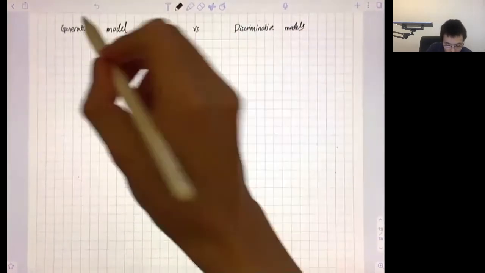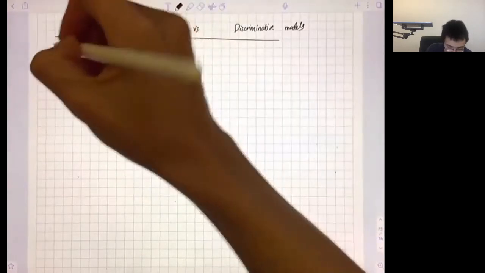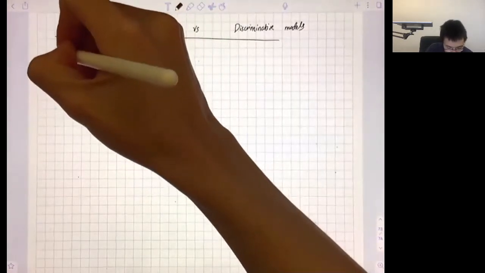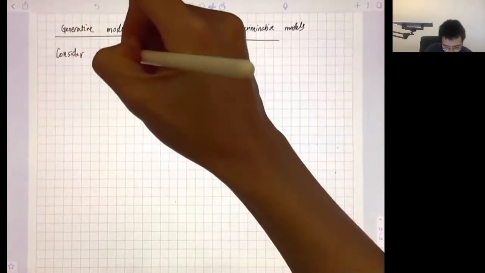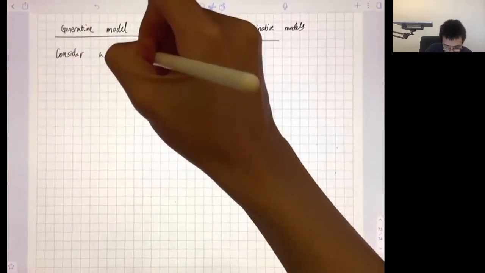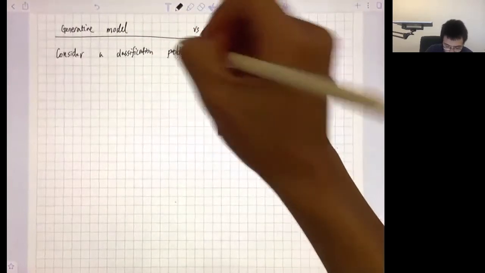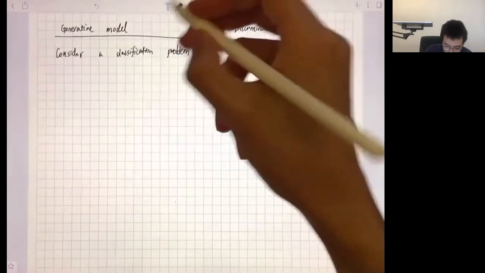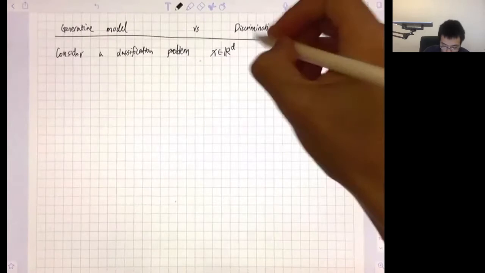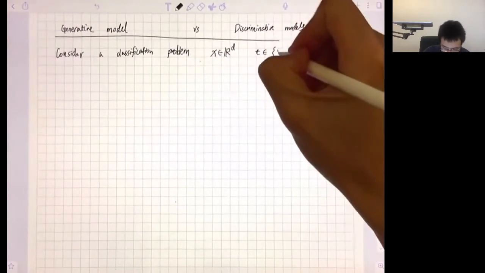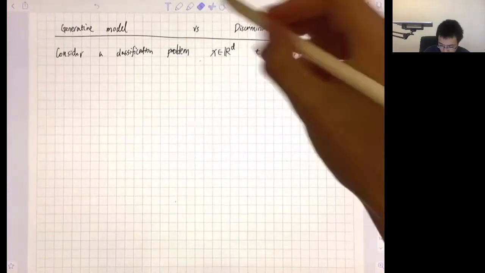So let's consider still a classification problem. Where we have x as the d-dimensional feature and the target is maybe 1 up to k predefined categories, okay?